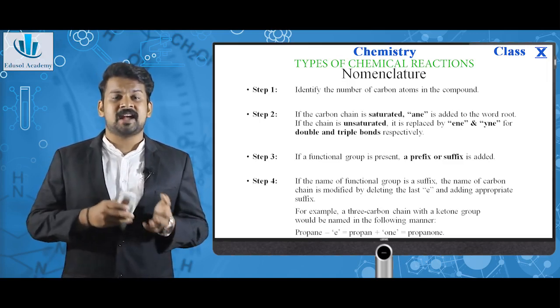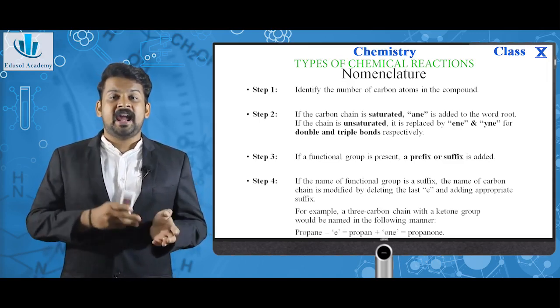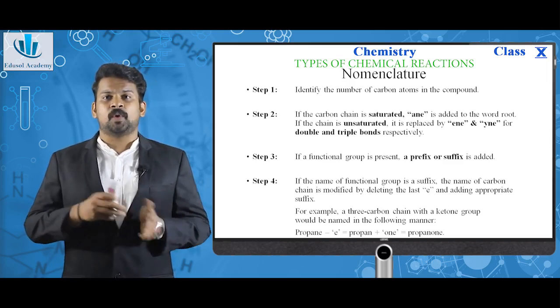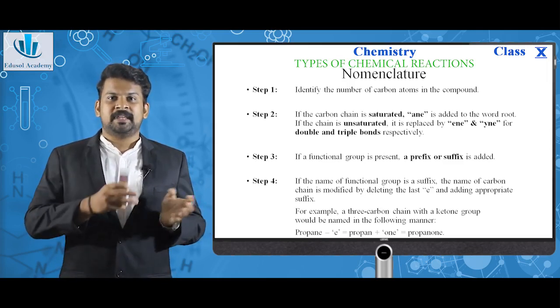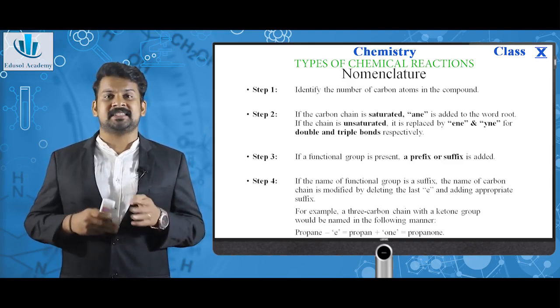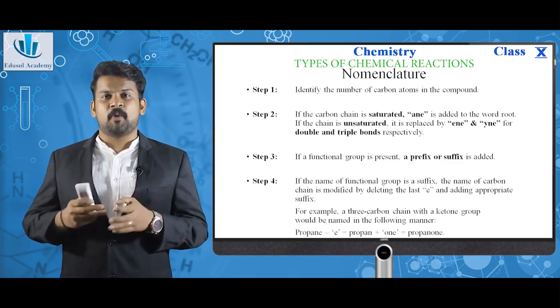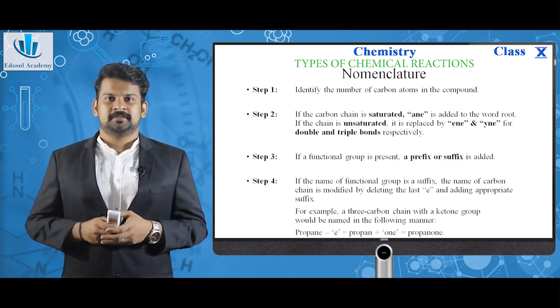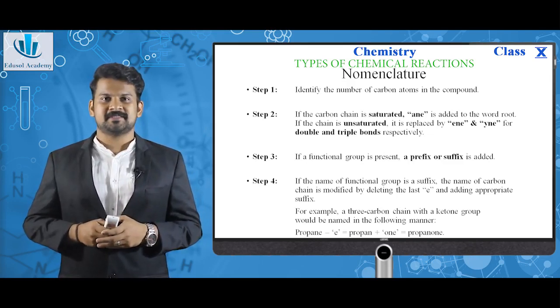If the chain is unsaturated, the 'ane' is replaced by 'ene' or 'yne'. If the ethane is unsaturated, which means the C double bond C is present, it is ethene. If it is C triple bond C, it is ethyne. This shows the double and triple bonds.